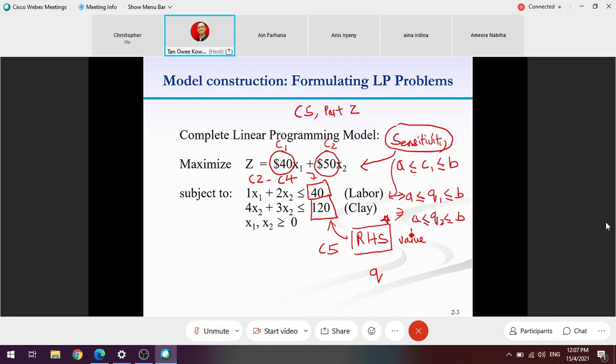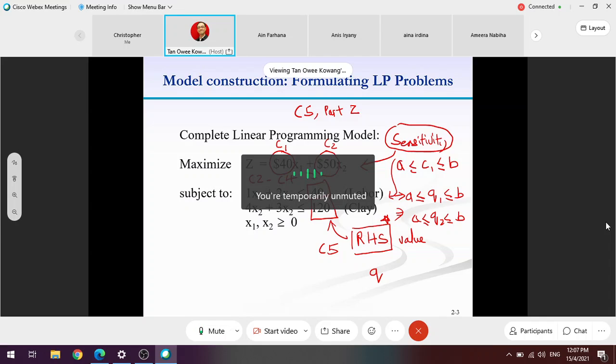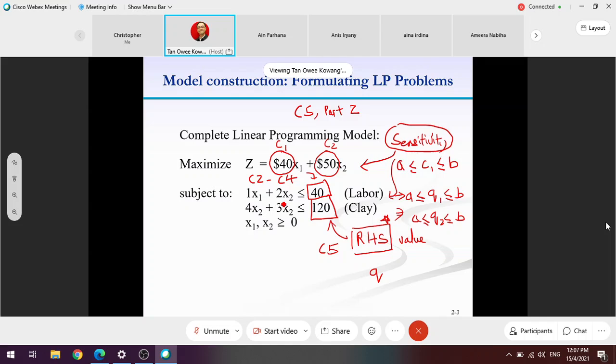Clear? Up to here, clear? Hello everyone? Clear. All right, similar to the selling price, in the real world we can keep on changing the selling price. In an industry setting, we can change label and claim.